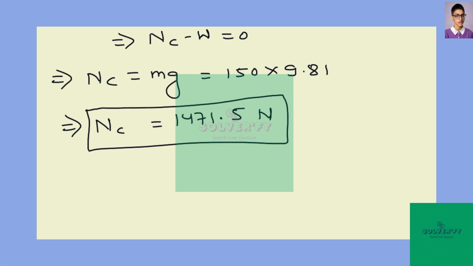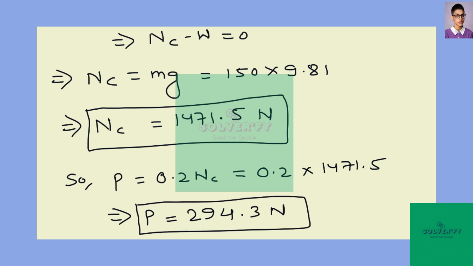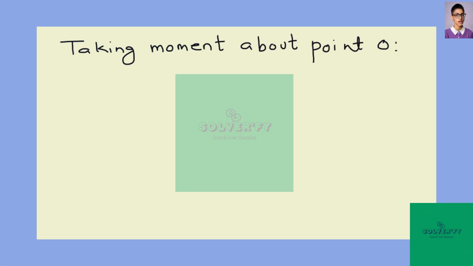So, we will now go further, put the value of Nc in the equation of P. So we will get the value of P is equal to 294.3 Newton.